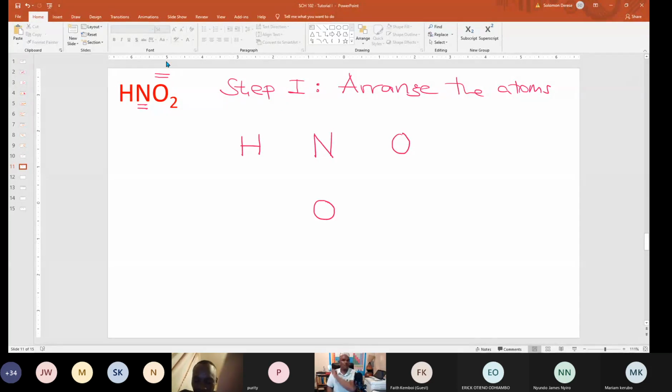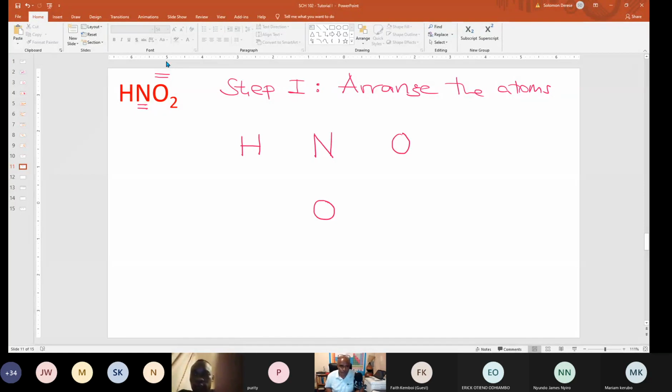It is possible they can have more. But as a first approximation, it is an easy way to start. Only when you have a challenge can you have more or less. So this is how the atoms are arranged.